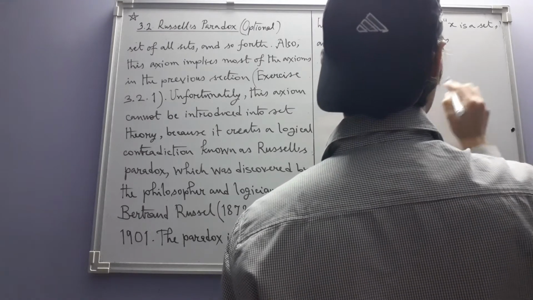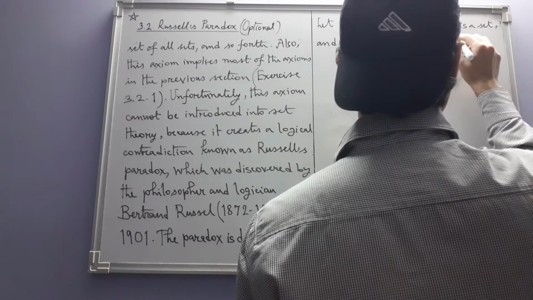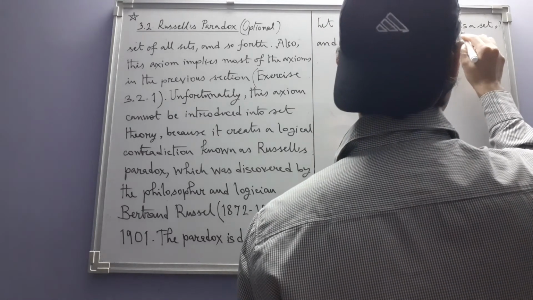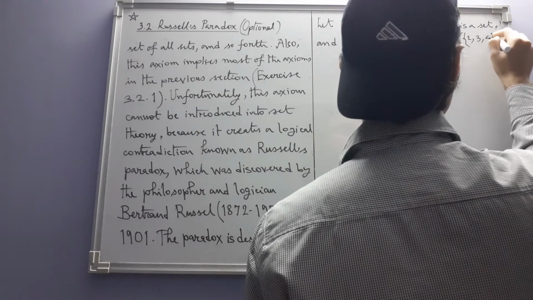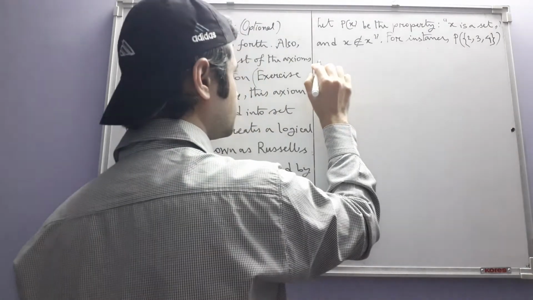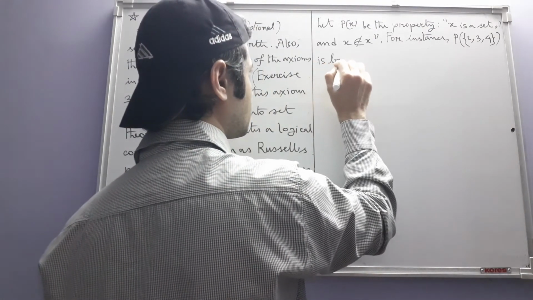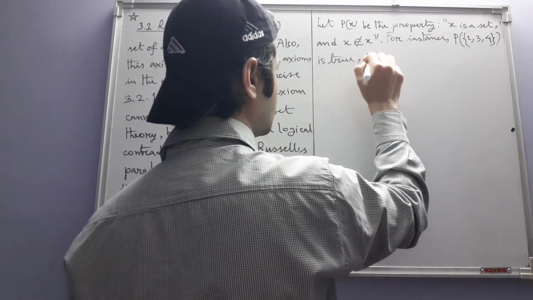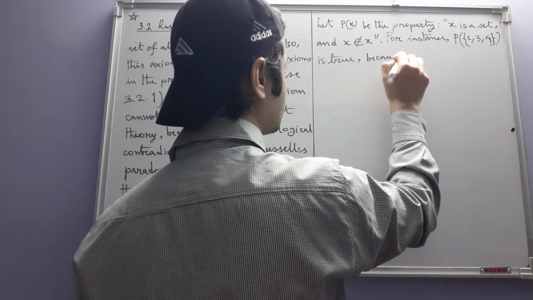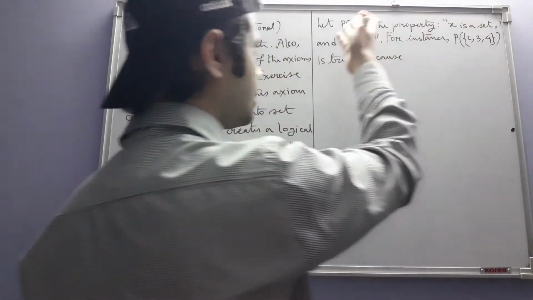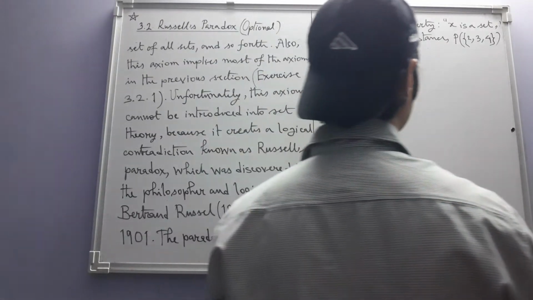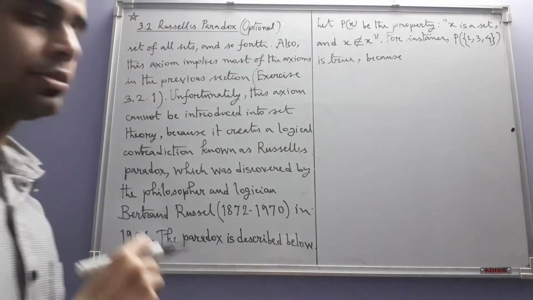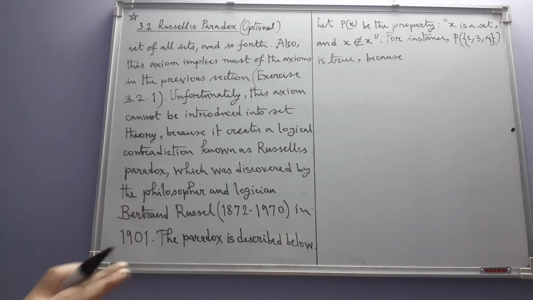For instance, P of this is true, because P of this means I can take any object x here. Now I have taken a set. If whatever I am taking is not a set, then P(x) is false.